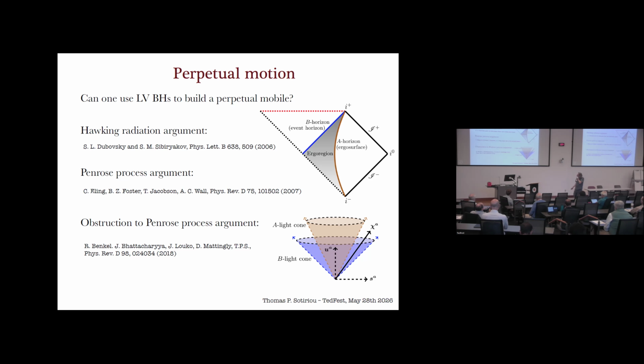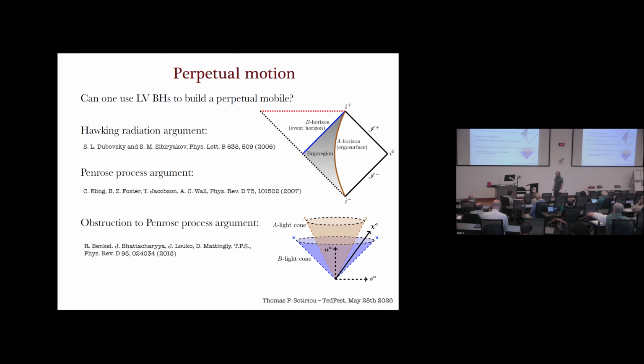Now, in 2016, we saw together with Dave and other people that a classical Penrose-like process cannot really happen generically. There's an obstruction to it, which is the following. You need to make sure, as in the standard Penrose process, that the B particle can escape to infinity and the A particle can fall in.